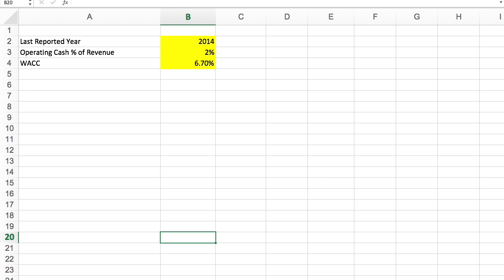So in our model, we're only going to have 2 tabs where we change things, the ratios tab and the assumptions tab. And I'm highlighting using the color yellow. You can use whatever color you want, but I chose yellow. The point is, that tells me that that's something that I could change. If it's not a color-coded cell, then I don't want to change it because it's probably a relative reference or a calculated result, and I don't want to break my model by accidentally changing things that I shouldn't.